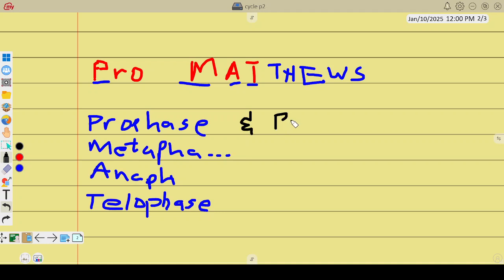So that phase is prometaphase. This is the phase which takes place between here. After prophase, we have prometaphase, and then that's when we go to metaphase. So this is prometaphase.